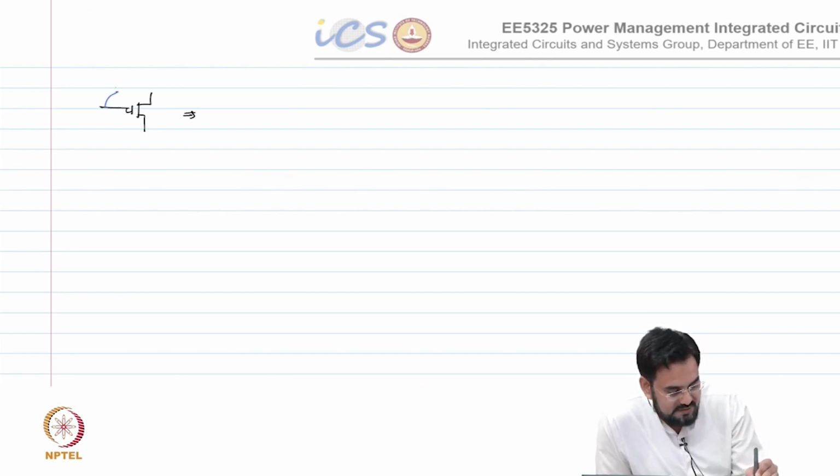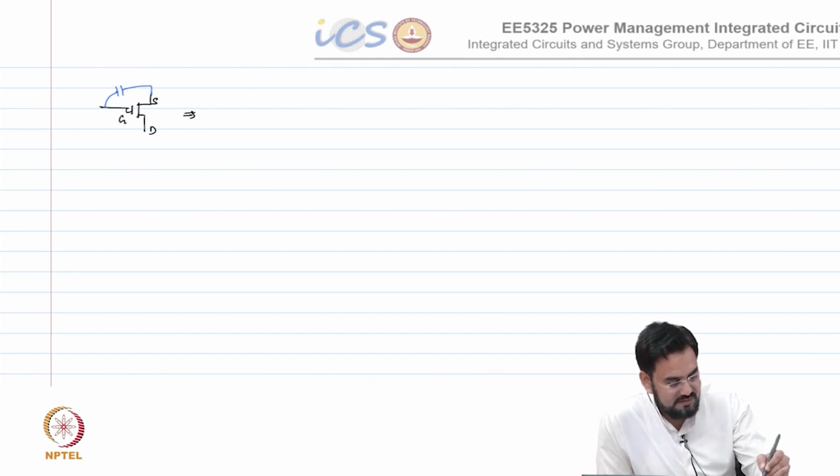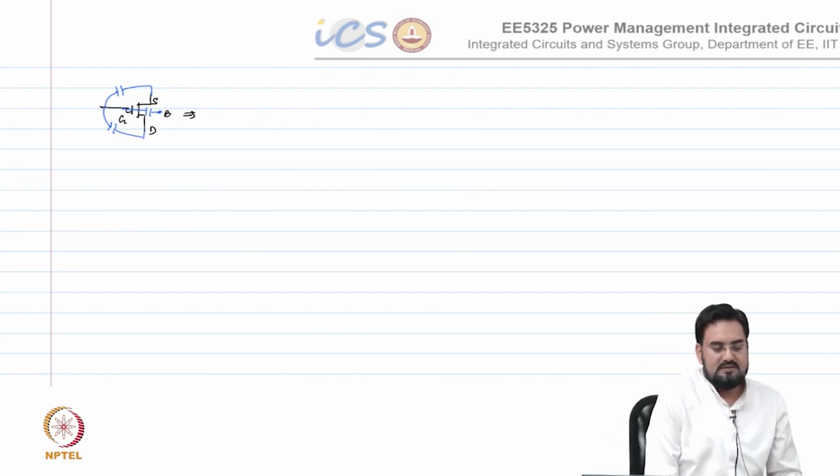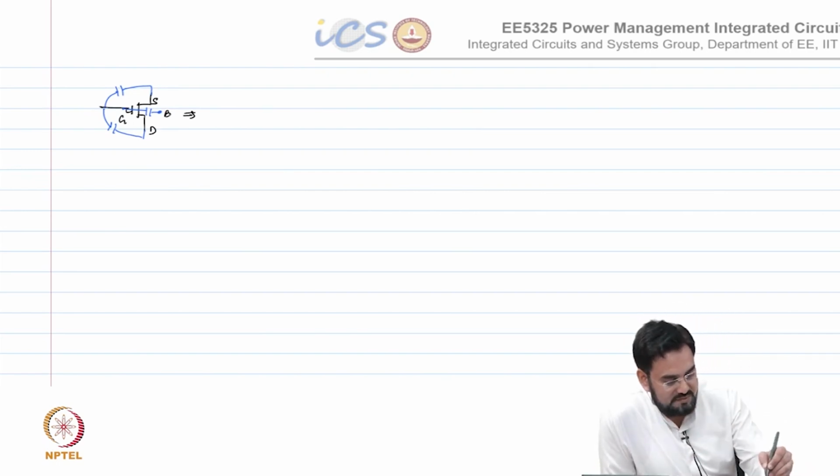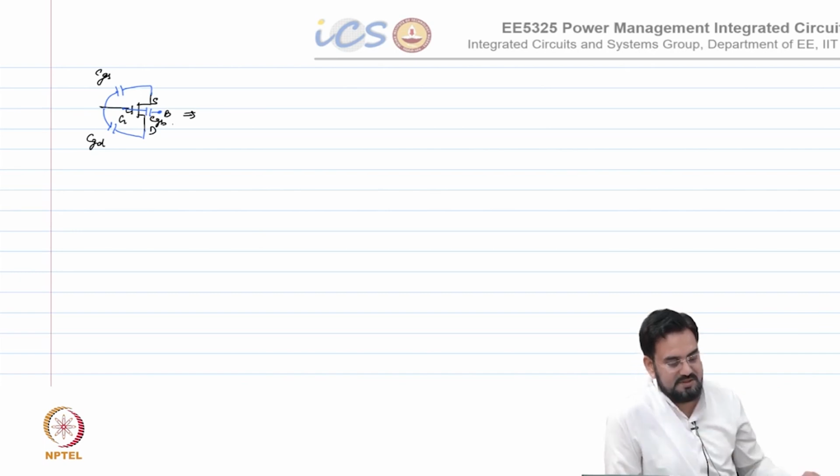If this is your source terminal, this is your drain, this is your gate, the second cap is this, and the third cap is between gate and bulk, and this is your bulk. So, you call them CGD, CGS and CGB.